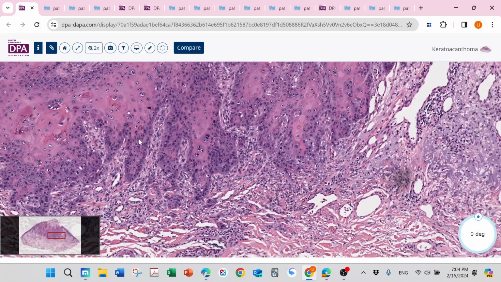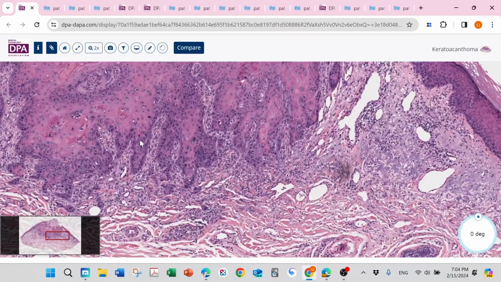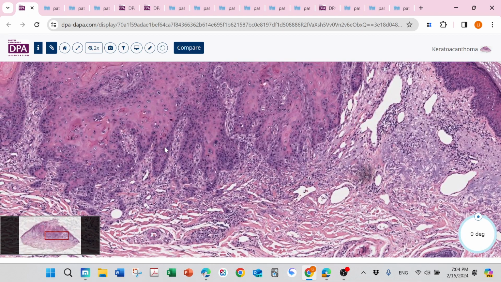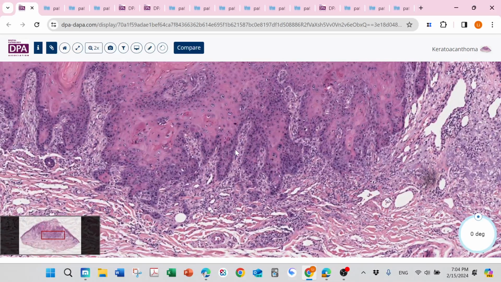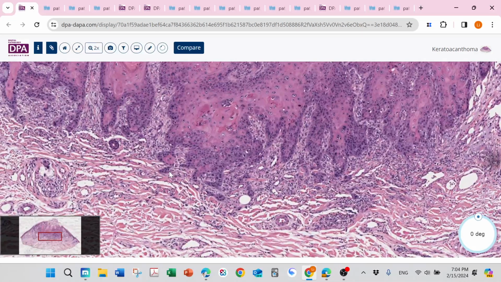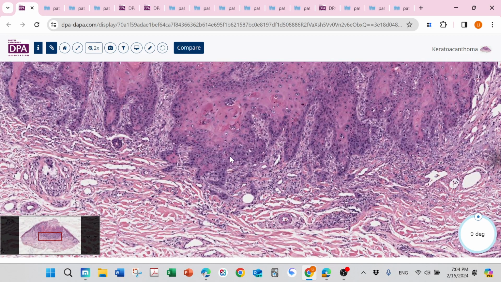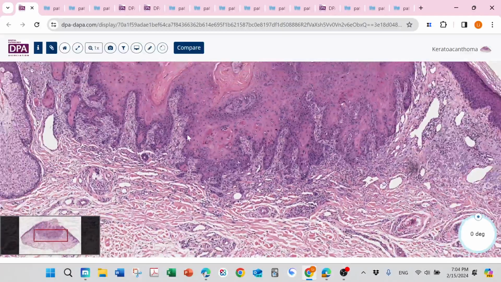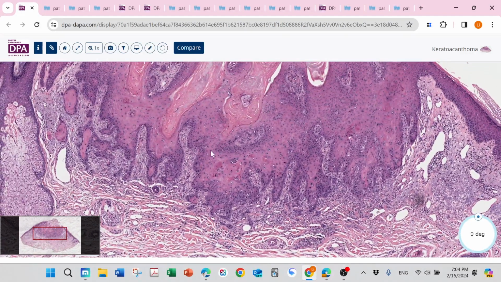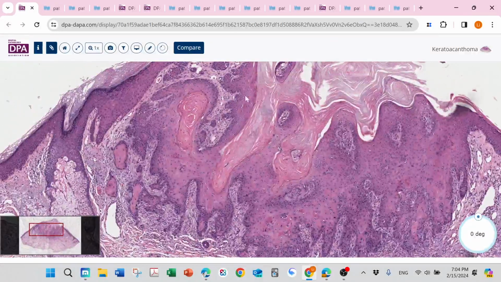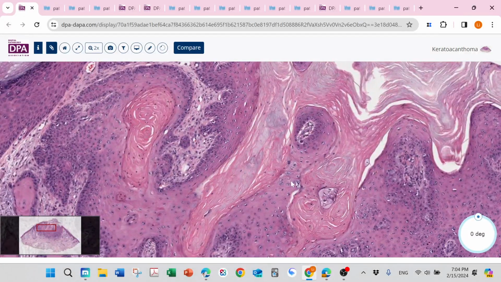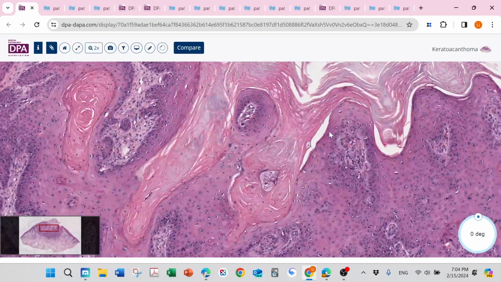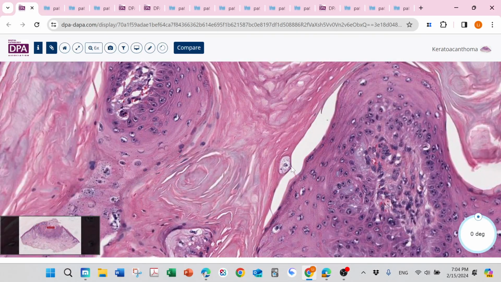And when you try to diagnose this keratoacanthoma, you cannot see really dramatic atypia. If you see really dramatic atypia, that should be squamous cell carcinoma, not keratoacanthoma. Another thing is that in keratoacanthoma, we can also see tons of inflammation, including neutrophils in the epidermis.